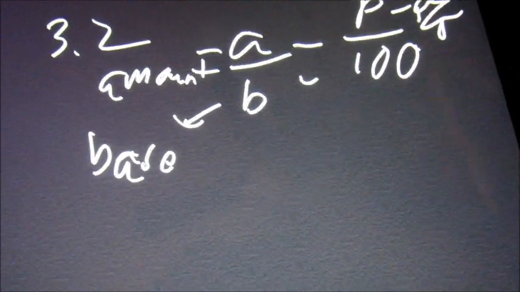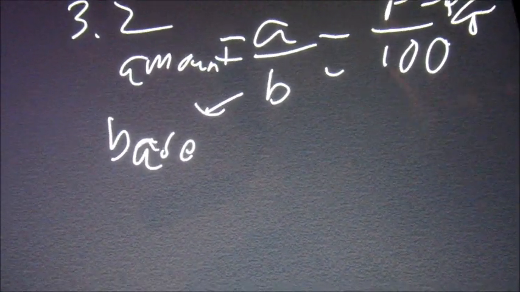And so there's going to be a few ways that you're going to see questions written. The first way is going to be something like 27% of what number is 54.